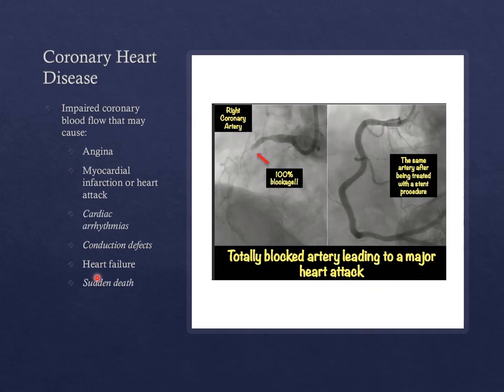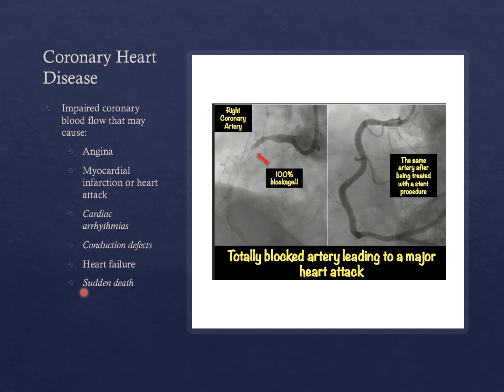So with coronary heart disease, this is one of the things that can significantly reduce the O2 supply to the cardiac muscle. So it's impaired coronary blood flow, and it can cause things like angina or chest pain. As we lose blood supply, our body reacts to that ischemia by causing pain.